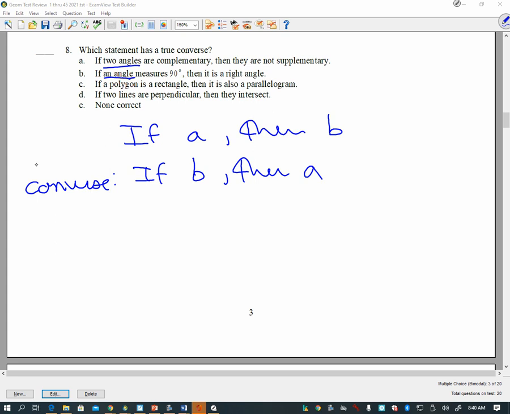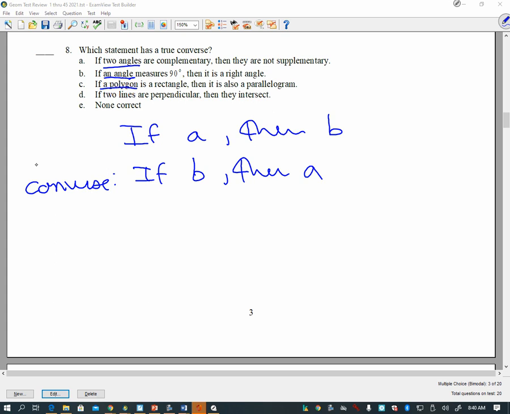Okay. What's the converse of statement C? Jordan? Tell me what the subject is first. No. Just the subject. We're going to leave if. Okay. If is not the subject. A polygon. So if what? If a polygon. No, because we're trying to find the converse.